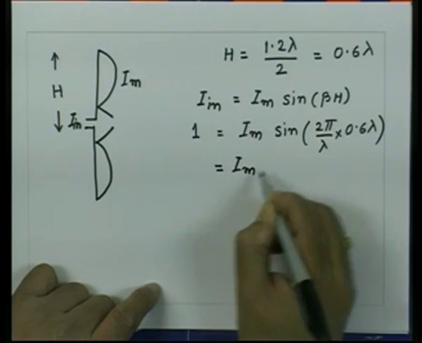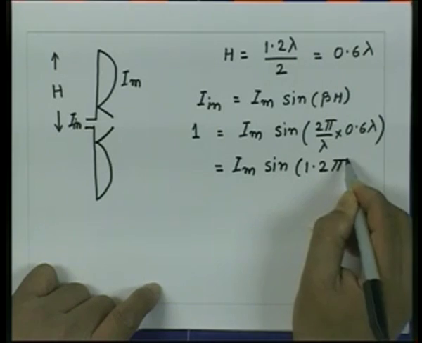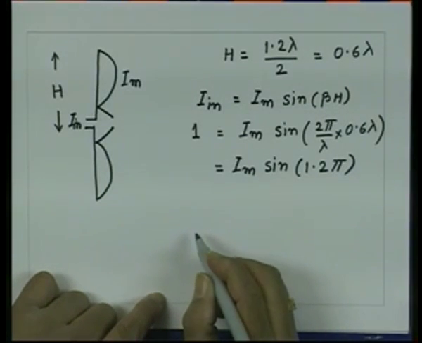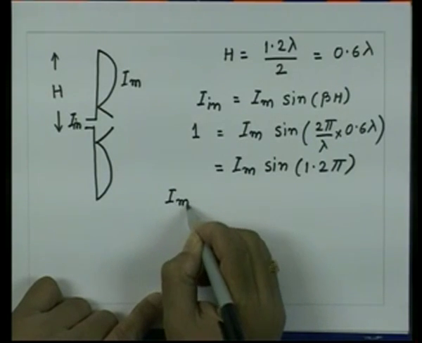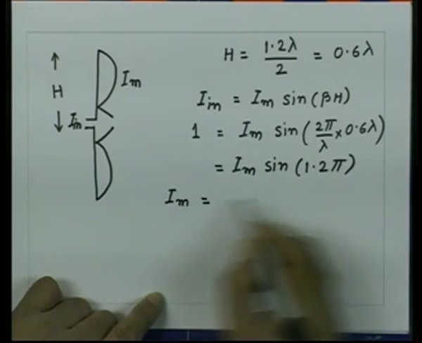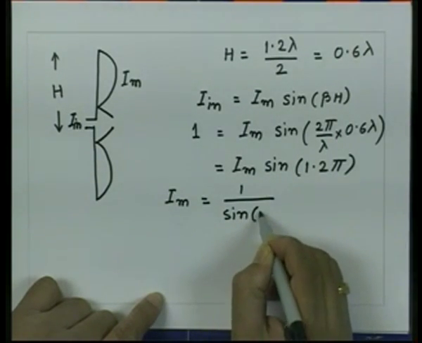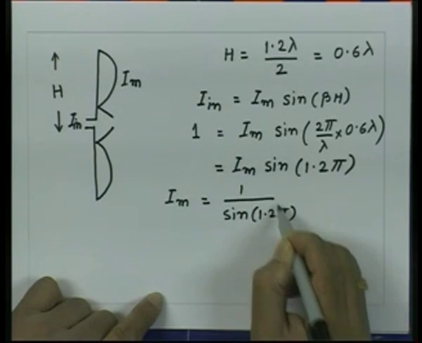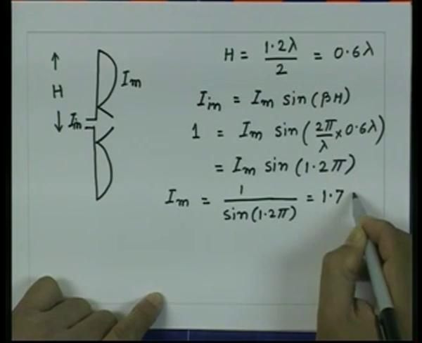So Im sine of 1.2 pi is 1, and I maximum will be equal to 1 upon sine of 1.2 pi, which is equal to 1.7 amperes.